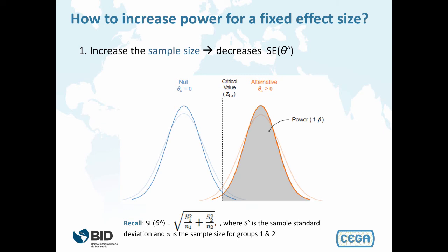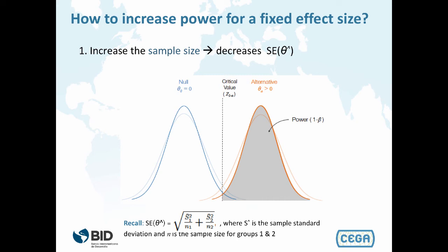In the case of the alternative distribution below, the orange distribution, as sample sizes increase, we go from the faded orange line to the solid orange lines, and you can see that distribution become skinnier. For the null distribution, the blue line, as sample size increases, we go from the faded blue line to the solid blue line, and the distribution becomes skinnier.